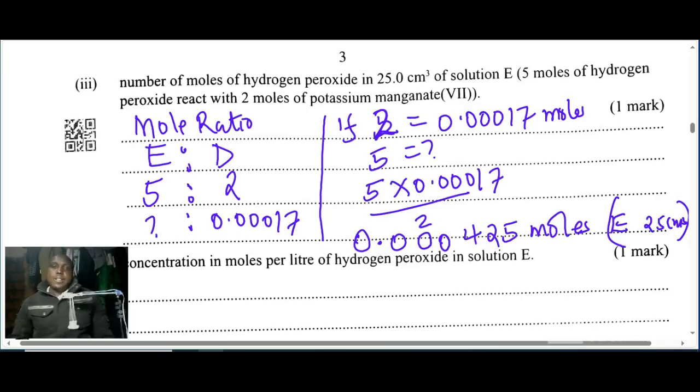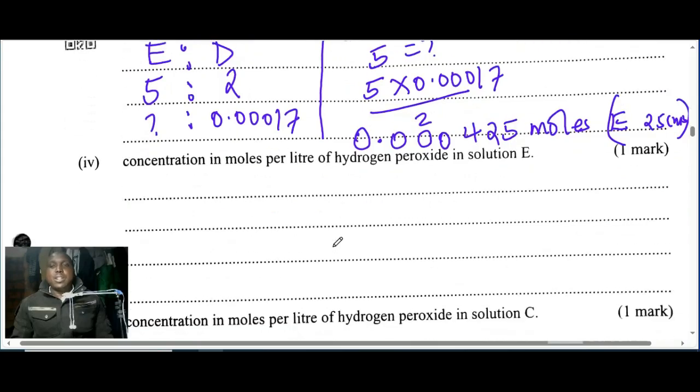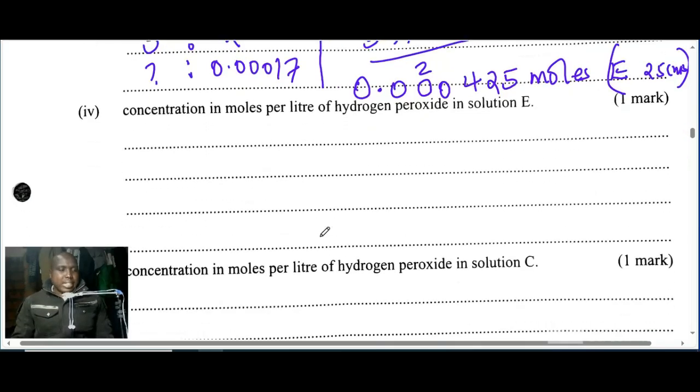with 17 centimeters cube of D. Hapa unafaa kuelewa what is happening, so that you can be able to flow smoothly. Now, concentration in moles per liter of hydrogen peroxide in solution E. Concentration in moles per liter means molality.